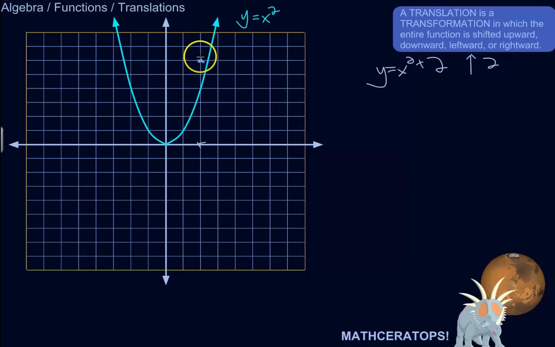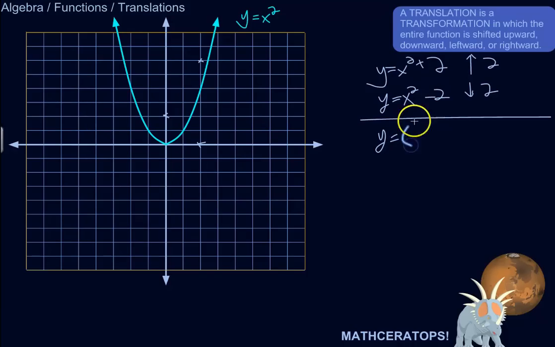So this whole thing would be shifted up. And that would be the case for every point of x. Like 0: 0 squared is 0, plus 2 is 2. So take all the points and shift them up by 2. As you might expect, a vertical translation downward would be x squared minus 2. Downward shift by 2.